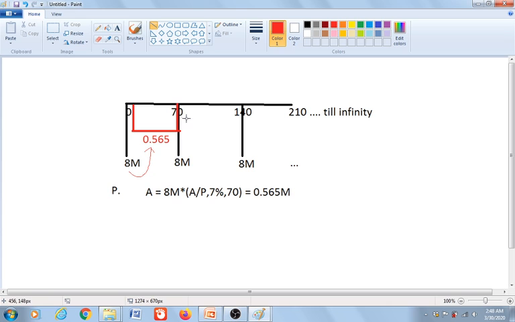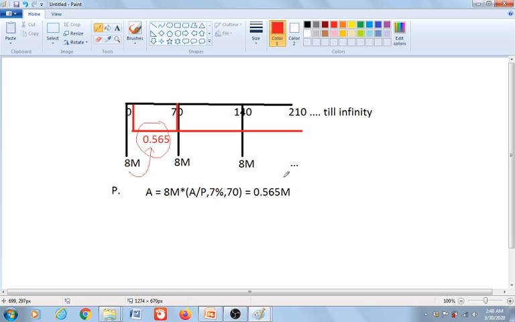So what we're going to have is 0.565 every year forever.